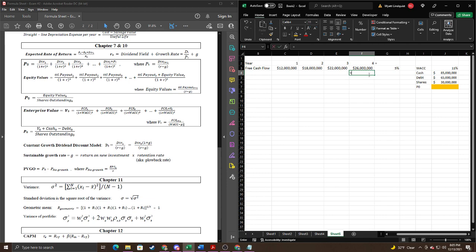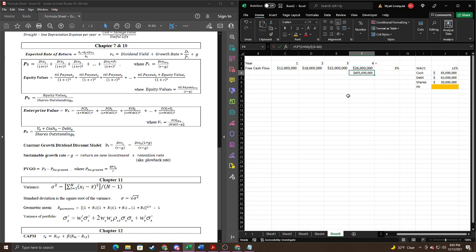We're going to take the cash flow in year 4, and we need to find it 1 year in the future. One year in the future is going to be this cash flow, but 5% greater. So we're just going to multiply that by 105%, and then divide by the weighted average cost of capital minus the growth rate.